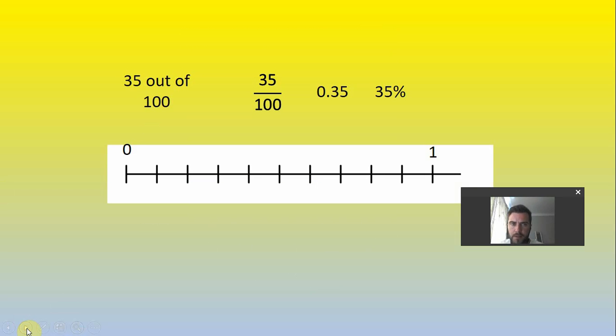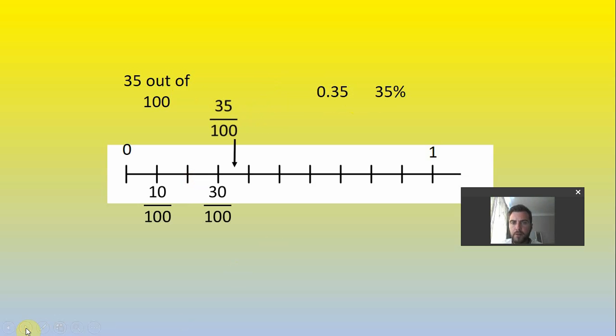Here we have a number line, and as you can see above, we have 35 out of 100, 35 hundredths, 0.35 or 0 and 35 hundredths, and 35%. So on a number line, this could be 1/10, or it could be 10 hundredths. Okay, 30 hundredths will go here.